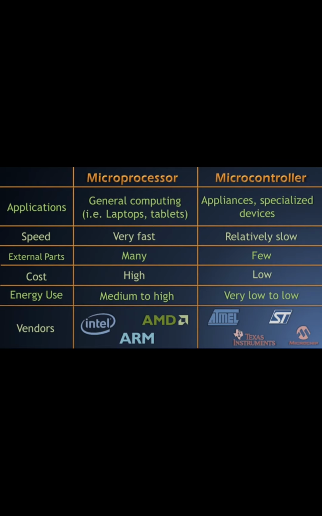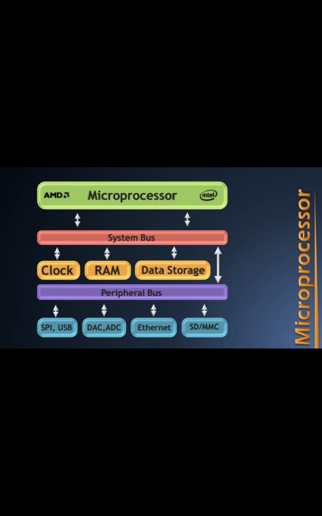A microprocessor, mainly the Intel Core microprocessor, consists of a system bus, clock, RAM, data storage, and peripheral bus. Here we have SPI, USB, digital to analog converters, analog to digital converters, Ethernet, SD or MMC. These are the memories; SD and MMC are memory cards.